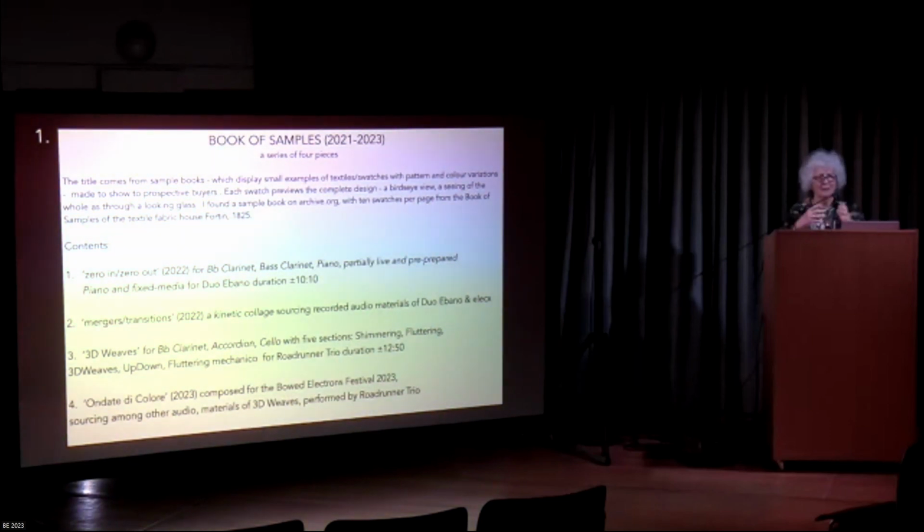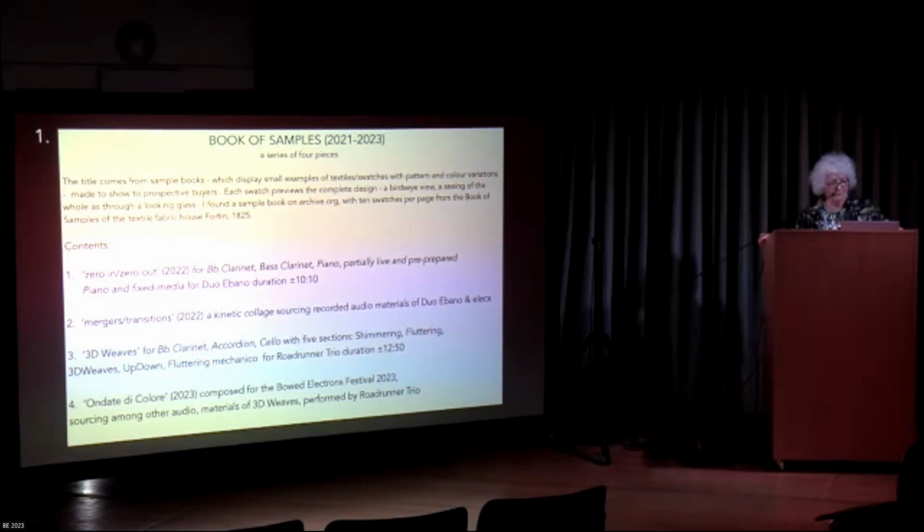I made a collage of the samples of the book, and also cut and pasted things I decided to use very intuitively, and did the same thing up until 3 days ago, just finished it, and that is the commentary on 3D weaves, the acoustic piece.